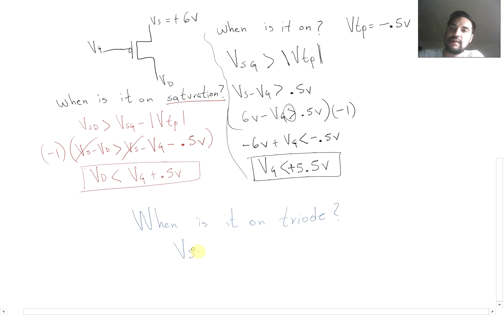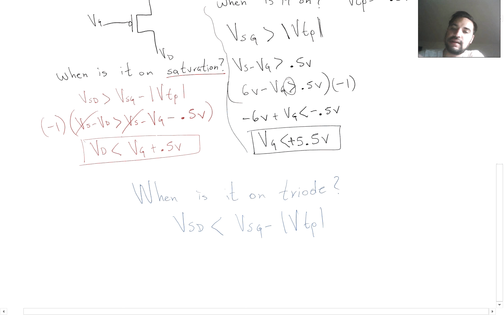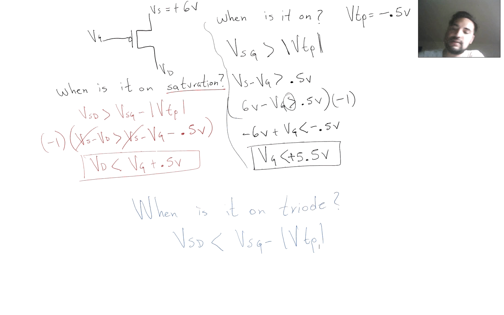It's going to be on triode when VSD is less than VSG minus the absolute value of VTP. And again, we know that Vs is 6 volts, so Vs minus Vd has to be less than Vs minus Vg minus the absolute value of 0.5 volts.